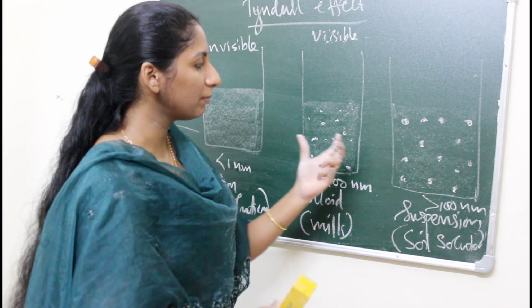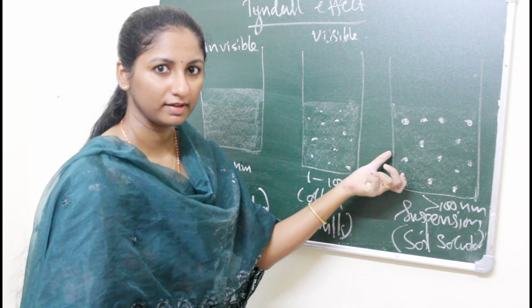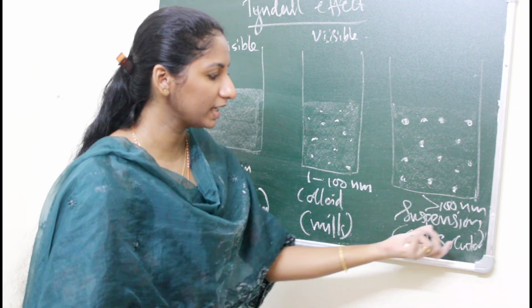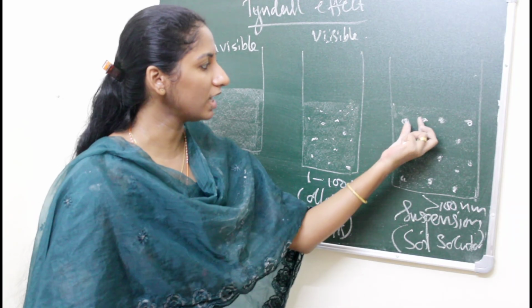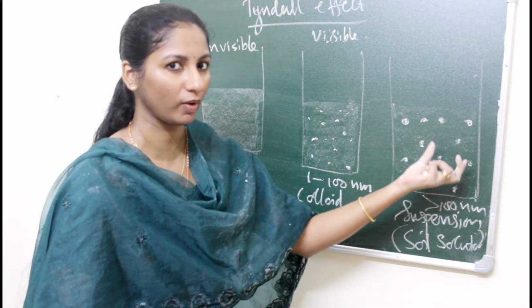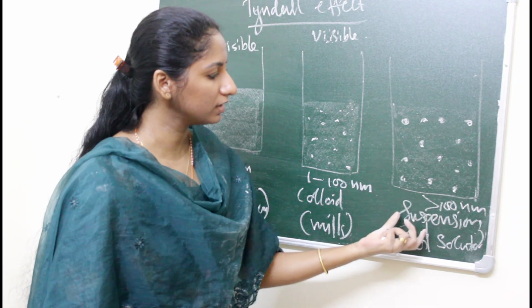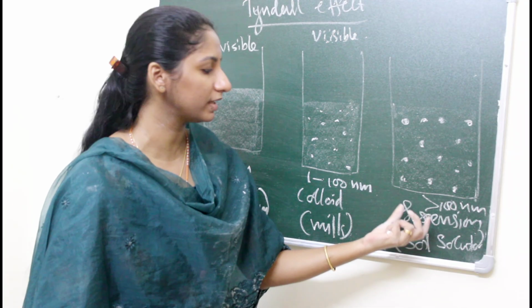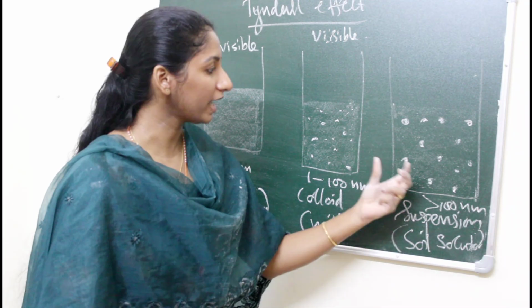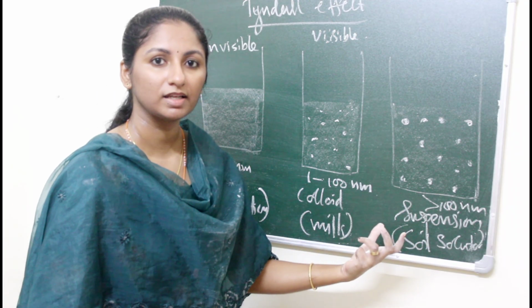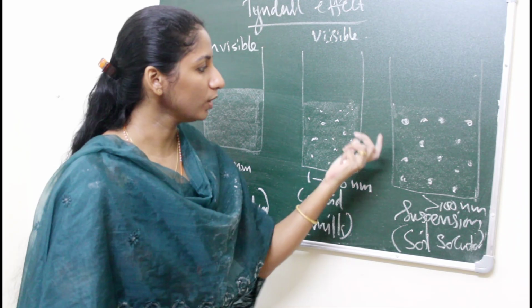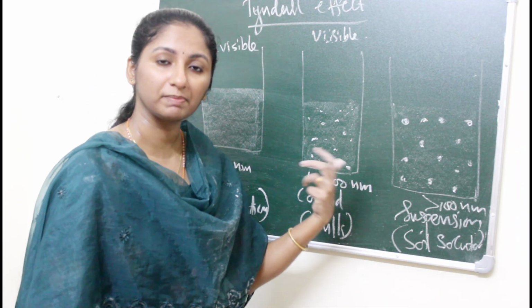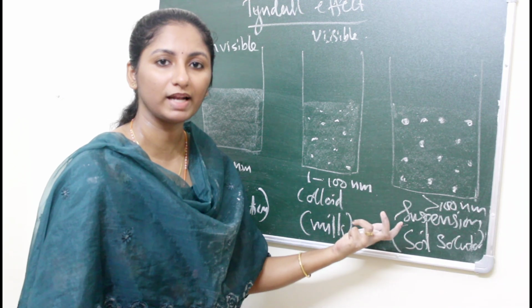And when we are passing a beam of light through the suspension, example is what? Soil in water. That means soil solution. Right. So these are larger particles to represent soil. And the particle size within the suspension is greater than 100 nanometer. So we can actually see the particles through the naked eye. Okay. So then again when we are passing beam of light through the suspension, what will happen?